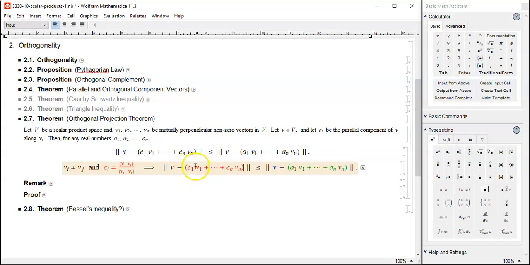And then we want C1 V1, C2 V2, all the way up to C10 V10. If you select those as these parallel components, then that's the best approximation, because any other approximation will give you a bigger error, as you can see from this, if you prove it.